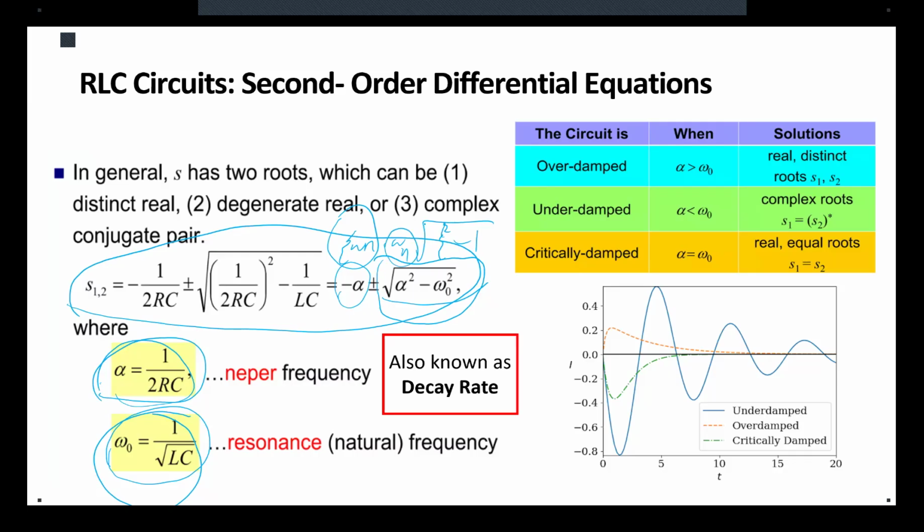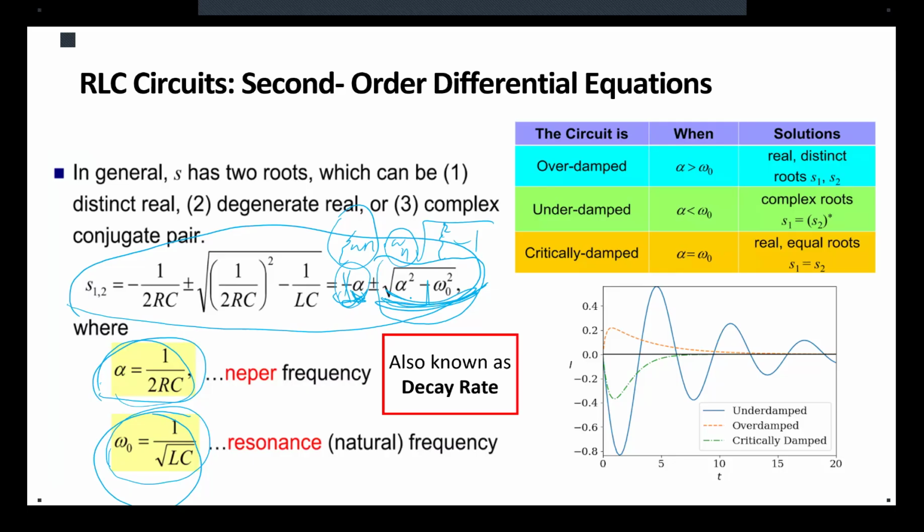Natural frequency times the square root of psi squared minus 1, or the square root of alpha squared minus natural frequency squared, either way. So this is going to be your oscillation frequency. This is the decay rate. Forget about the minus sign; it is the absolute value that is important. The alpha is the decay rate. This term is the oscillation frequency. Are we good?